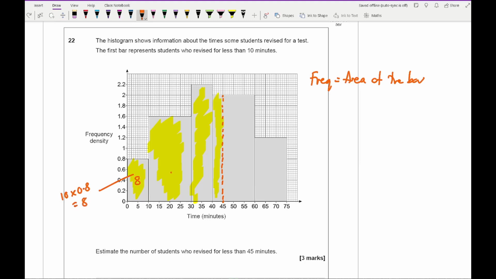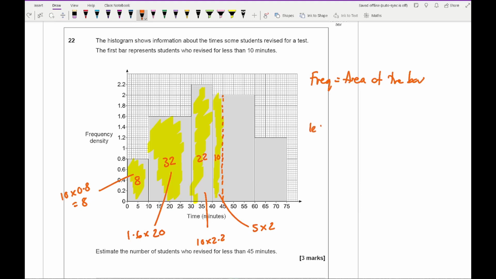This bar here is going to be 1.6 times 20, which gives me an answer of 32. This bar here is going to be 10 times 2.2, which is 22. And this little bar here is going to be 5 times 2, which is 10. So all I then need to do is add those numbers up.